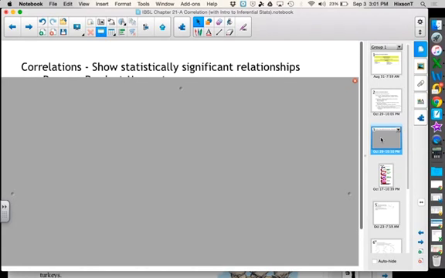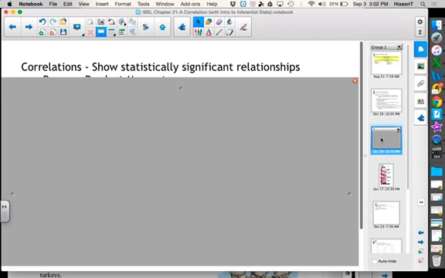Now, the key thing that we have to identify here is statistically significant. We're going to talk about what that means when we're looking at our hypothesis testing. We want to show whether or not there is a statistically significant relationship. That doesn't necessarily mean there's going to be a strong relationship.